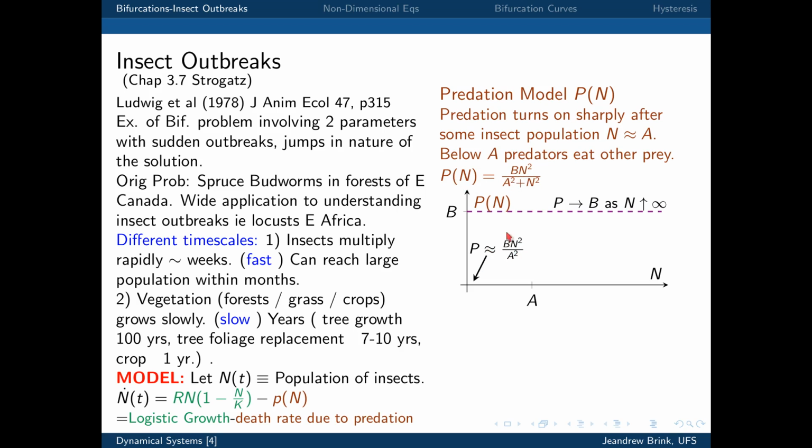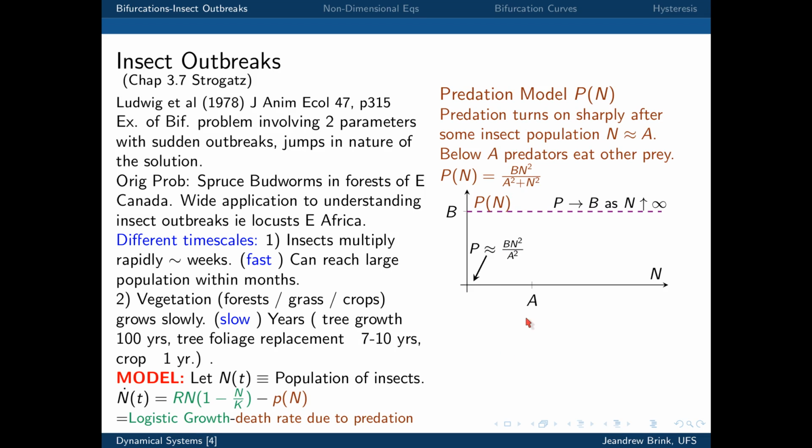Okay, and that's what we have. This is the limit as n approaches 0. The first order term is that the predation is basically quadratic in n. And so we would expect the graph over here to be a parabola, and then it would go up, have a point of inflection, and eventually asymptote to that level over there.